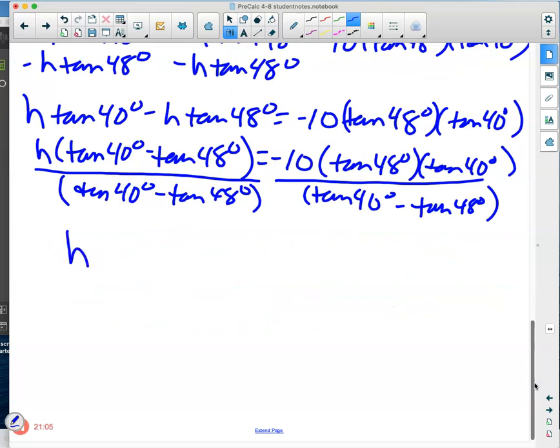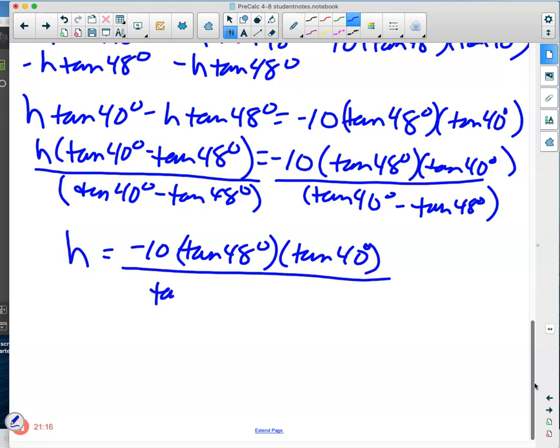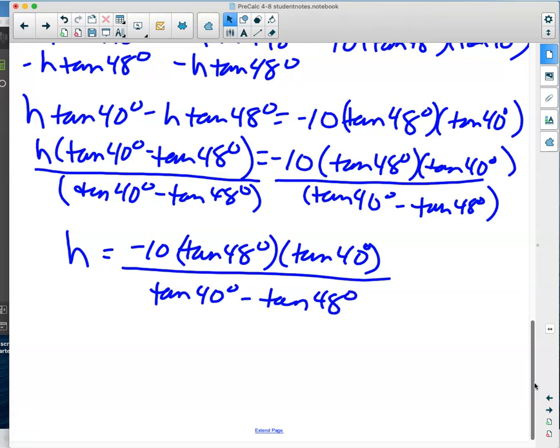And let me write what that would actually be as a perfect answer here. So if it said exact answer, we'd actually have to leave it like this. But it's a word problem, and they want to know what it is.